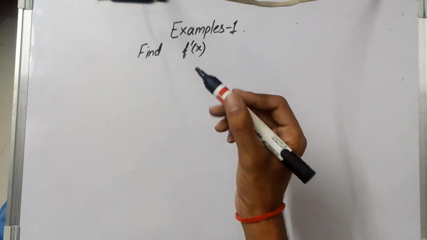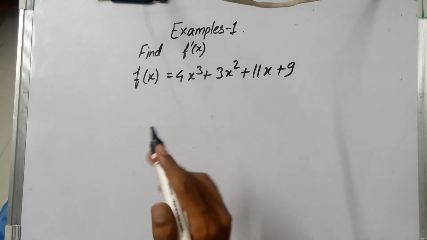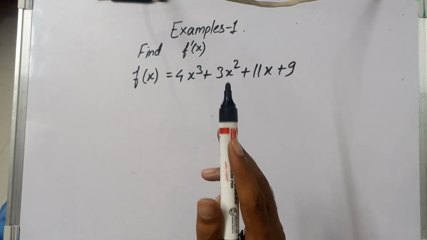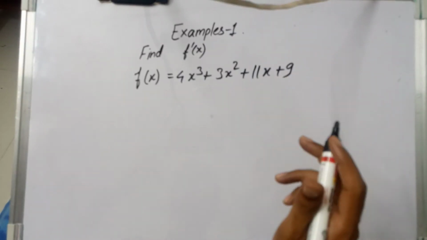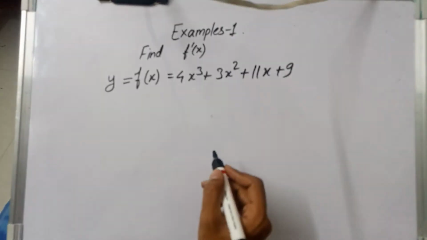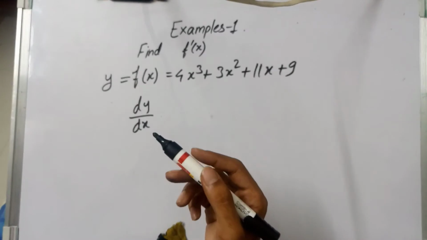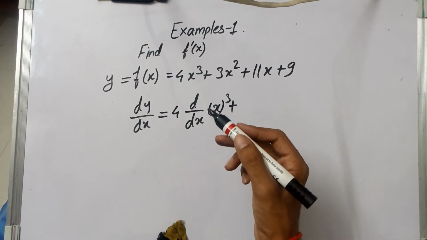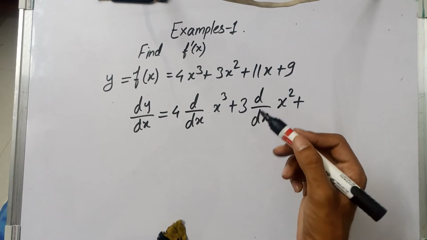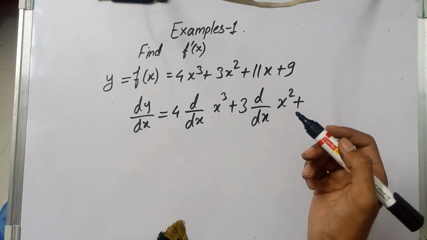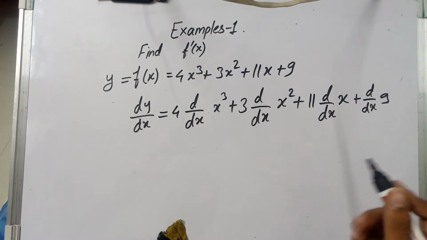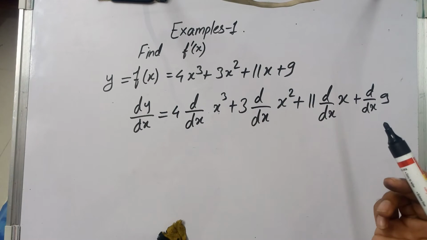Example, find f dash x. f(x) is equal to 4x cube plus 3x square plus 11x plus 9. Let f(x) is equal to y. Then dy by dx is 4 into derivative of x cube plus 3 into derivative of x square plus 11 into derivative of x plus derivative of 9.